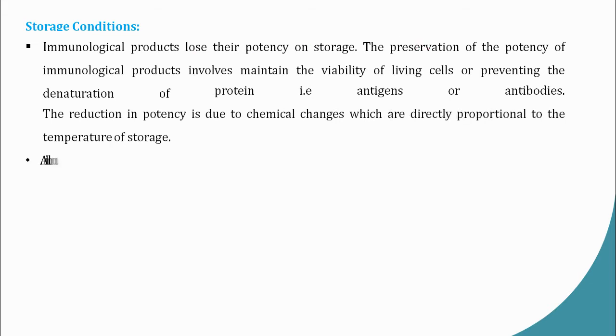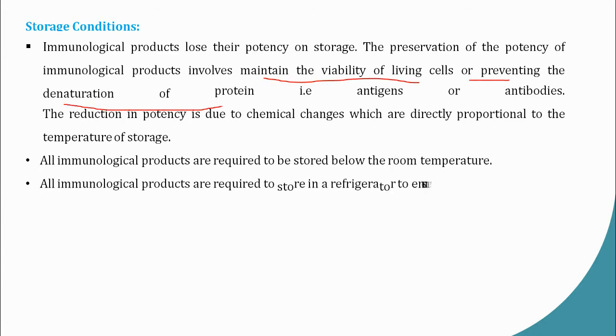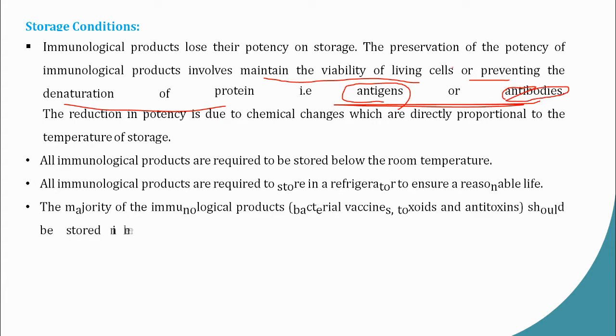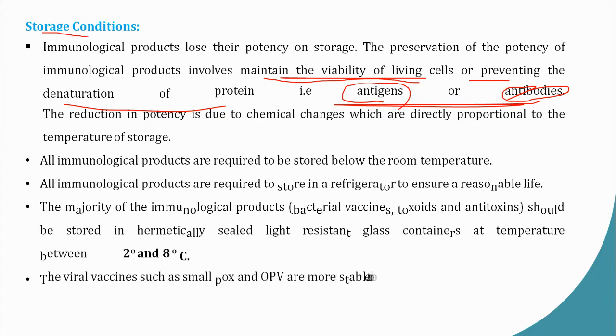The preservation of the potency of immunological products involves maintaining the viability of the cells and preventing the denaturation of the proteins, that is the antigens or antibodies. If it is a vaccine, that is the antigens, or if it is sera, that is the antibodies. We should prevent the denaturation of the protein and we should maintain the viability of the living cell. These two points are important under the storage conditions.